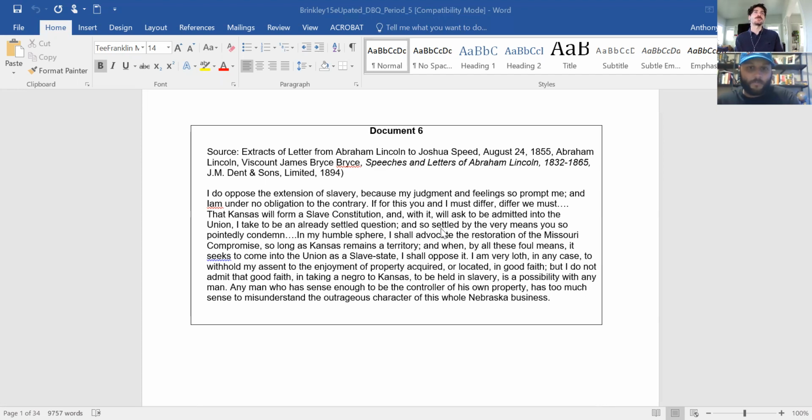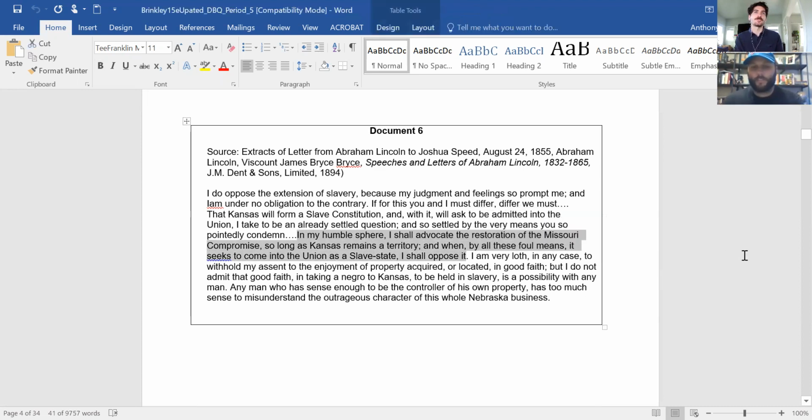And so if you don't have that time frame, then you could go substantially astray right here, right? Because it sounds like he is oppositional to slavery, but that he is not forcing it upon others. Right, there it is: in my humble sphere, I shall advocate the restoration of the misery so long as it remains.